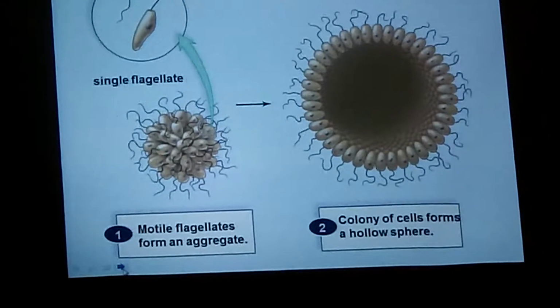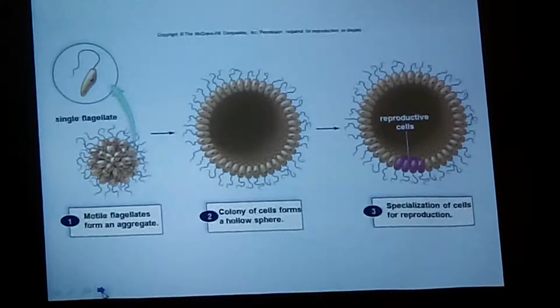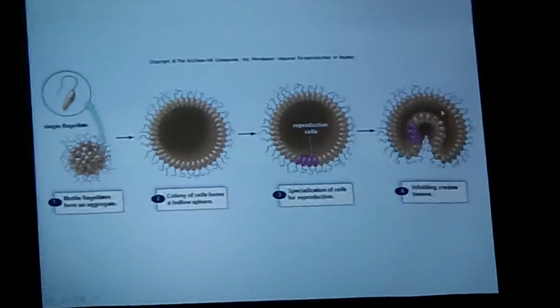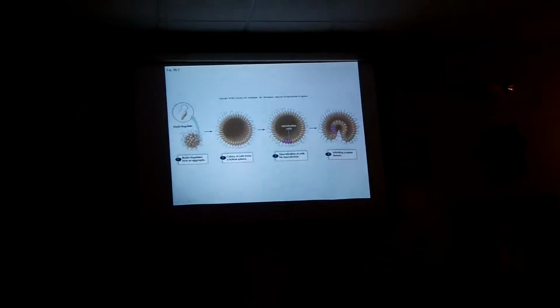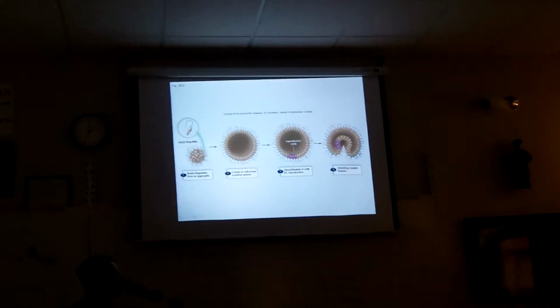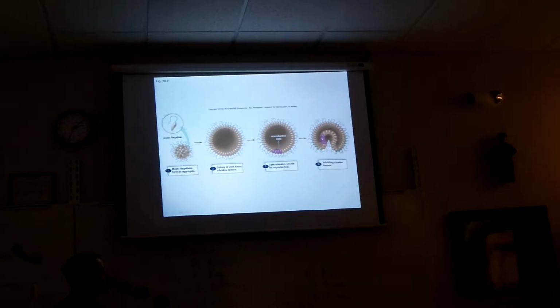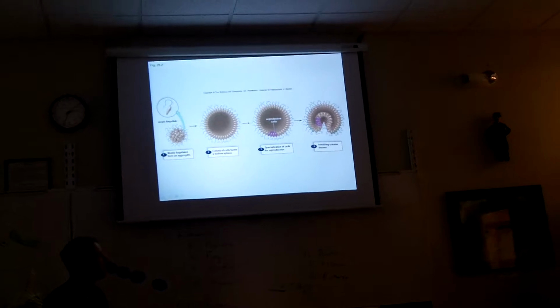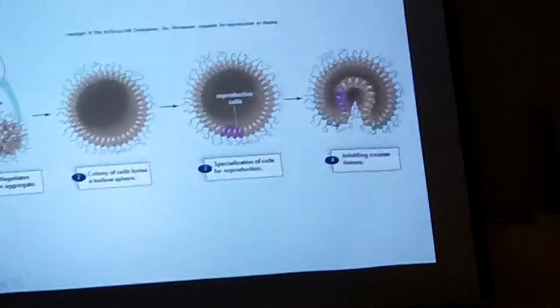And what ends up happening is over time, some of those cells kind of bulge inward and form an inner layer of cells. So you have cells on the outside and then cells on the inside. The cells on the outside become specialized, where they're good at protection.